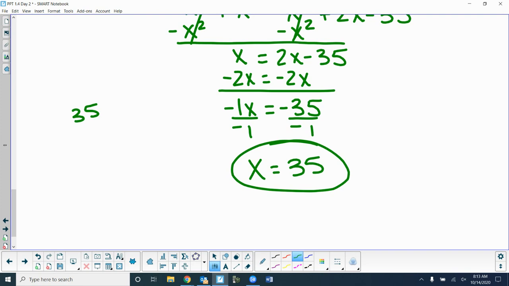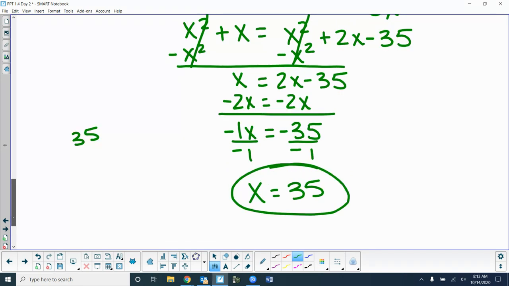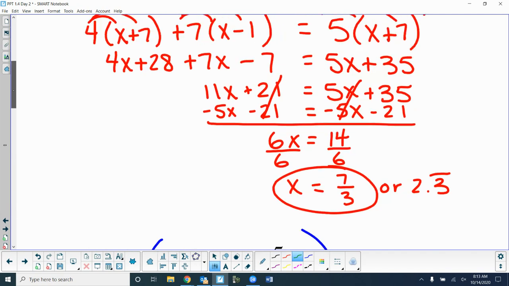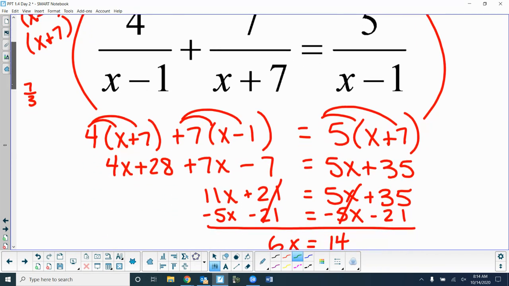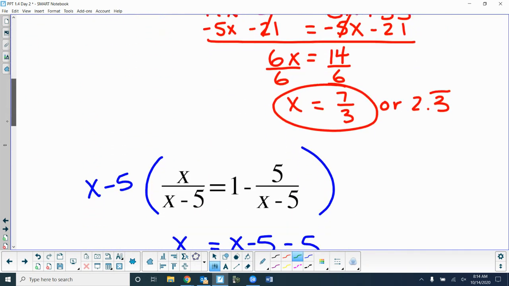Okay? So, these are called rational equations. That means we got fractions. That's what a rational number is, a fraction. To get rid of your fractions, that's what you want to do first, is multiply everything by the common denominator. Then you'll get rid of them, and then you just do things like you're used to doing.